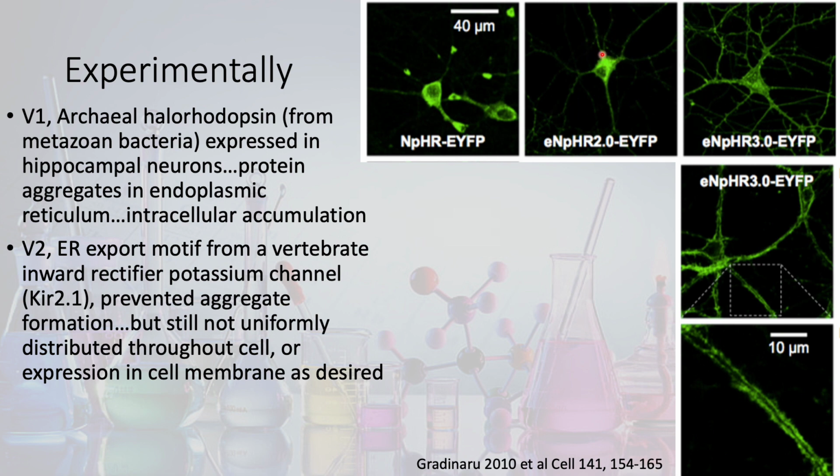So here's our image. We have some better trafficking to axons or dendrites within our hippocampal neurons, but we still have a lot of intracellular accumulation.